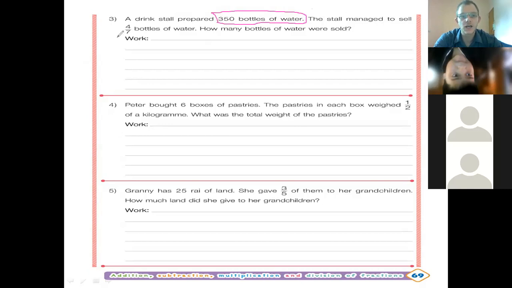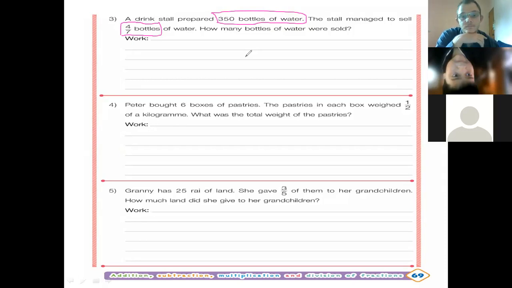The store managed to sell 4/7 of the bottles. What do we need to do to calculate the amount of water that was sold? We have to multiply.